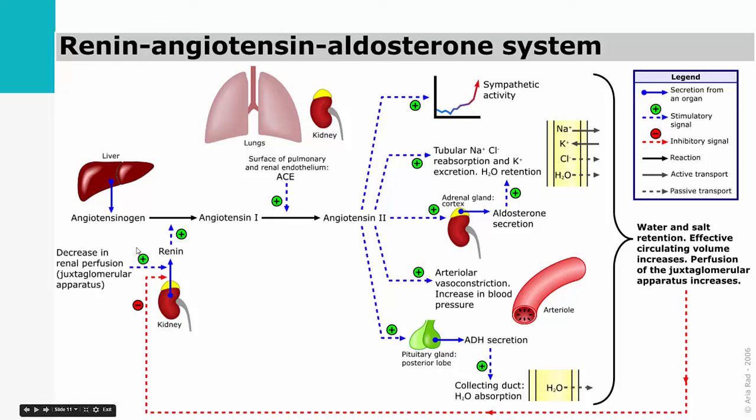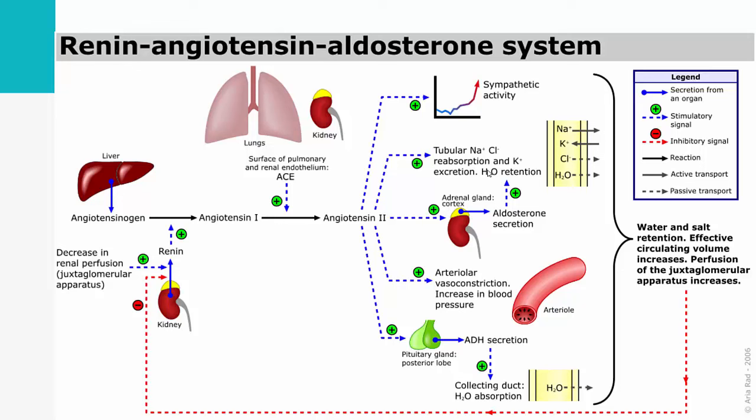The renin then creates, finally, the downstream angiotensin 2. Eventually, angiotensin 2 leads to the secretion of aldosterone. Aldosterone then has the kidney reabsorb more sodium and more chloride, and as it's reabsorbing the sodium and chloride, it's able to retain more water, which increases the overall volume within the body and should, in effect, raise the blood pressure.